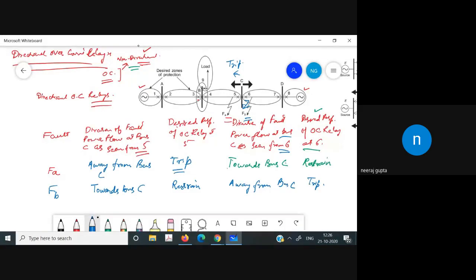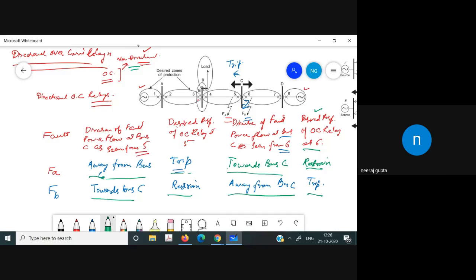So these are the two cases. From these two cases, what conclusion have we drawn? If the power is away from the bus C, it will trip, and towards the bus C, it will restrain.